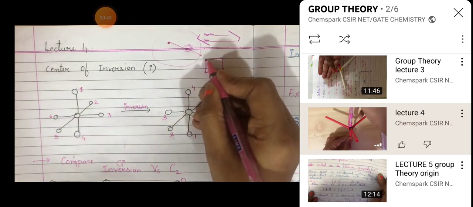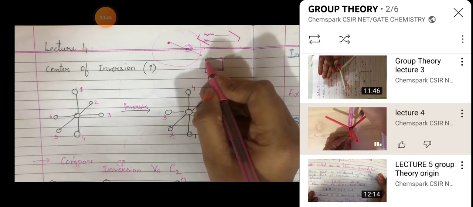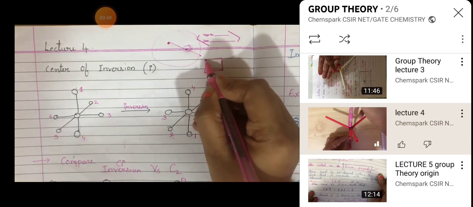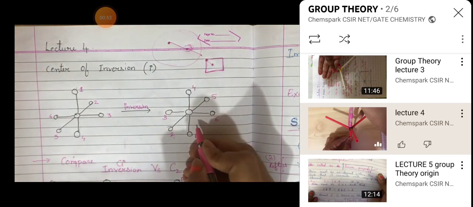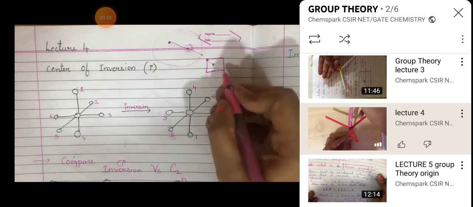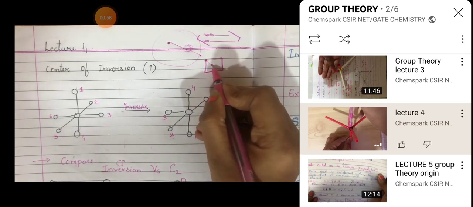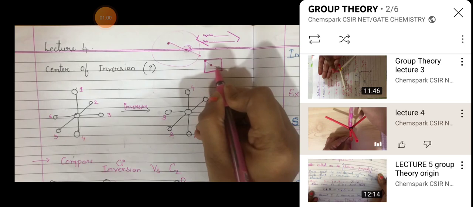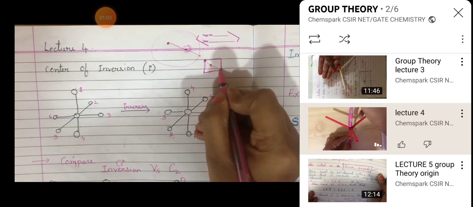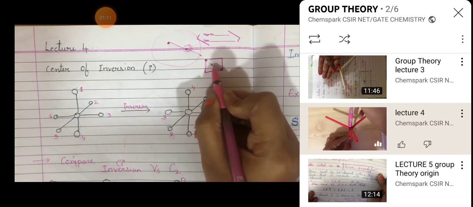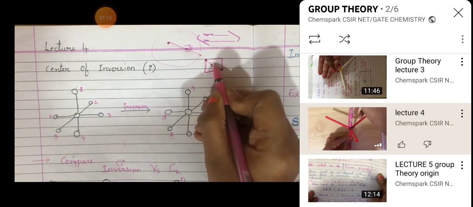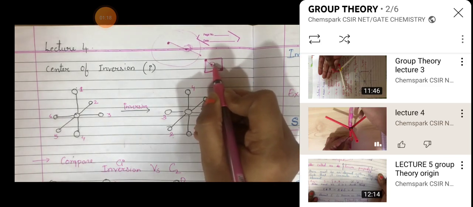If I pass from this particular point and travel towards the center of this molecule, and after passing the center I move forward in the same direction and find an equivalent point at equal distance, where the distance from the center to this point and the center to the other point is the same, then the center, which is called the origin, is also called the center of inversion.